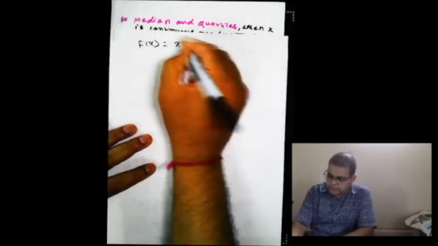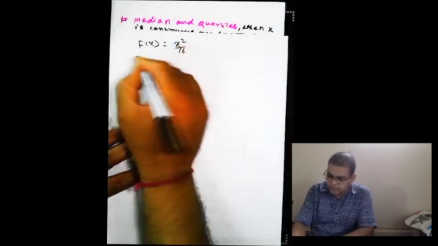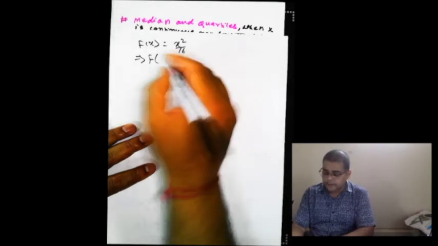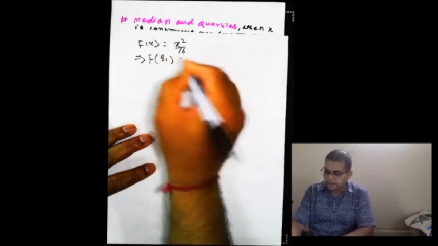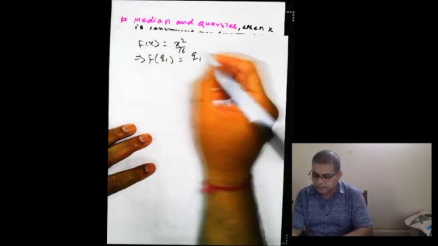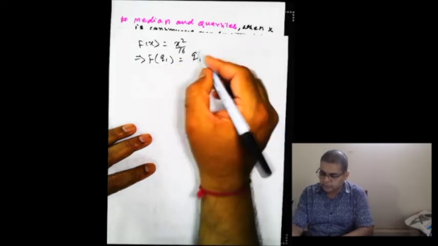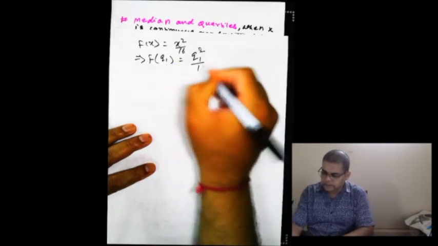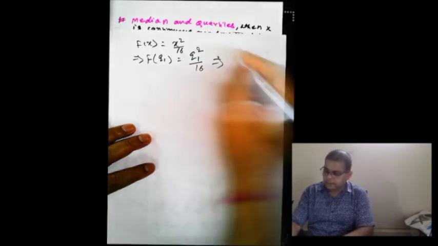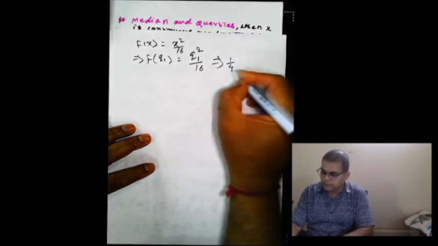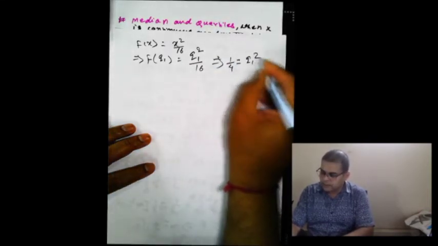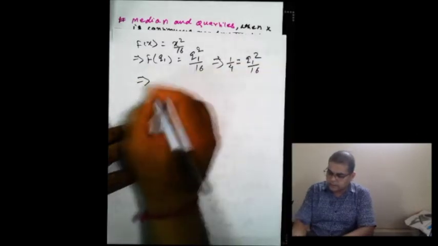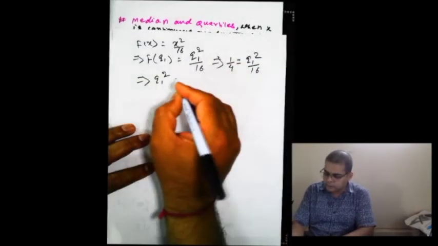If you are going to find the first quartile, you write Q1 squared by 16, and Q1 takes 25% of the value, so you write 1 by 4. So Q1 squared by 16 is 1 by 4.